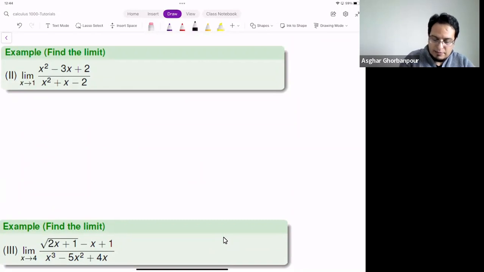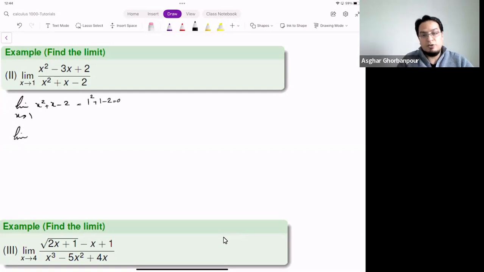Well, the same steps. The first thing to check is the limit of the denominator as x goes to 1. Using limit laws, this is 1 plus 1 minus 2, which is 0. Then I cannot use the quotient law. That's the result of that computation. I can go ahead now and find the limit of the numerator.